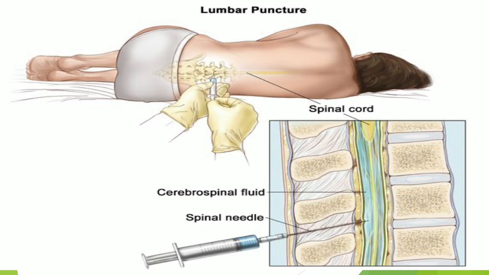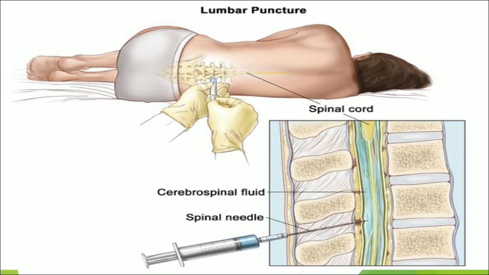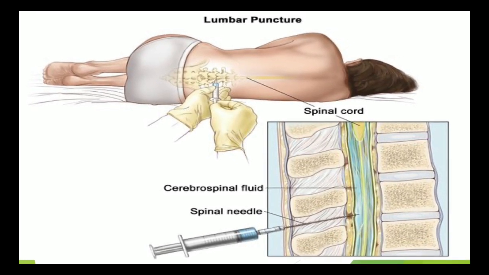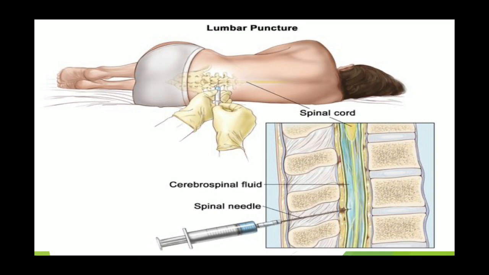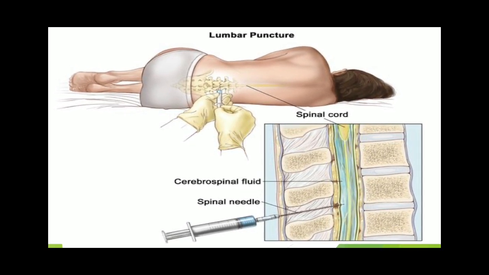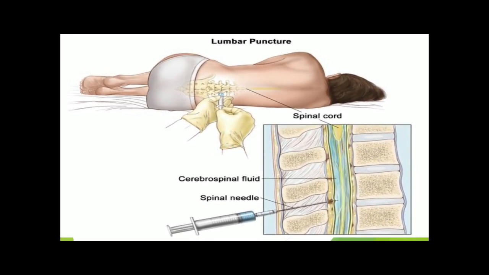So what do you do? You can also examine the fundus, that's the back of the interior of the eyeball. You can do that with an ophthalmoscope, so you will be able to tell if the intracranial pressure is high. If it is, you don't bother to do lumbar puncture until the patient is treated and the intracranial pressure comes down.